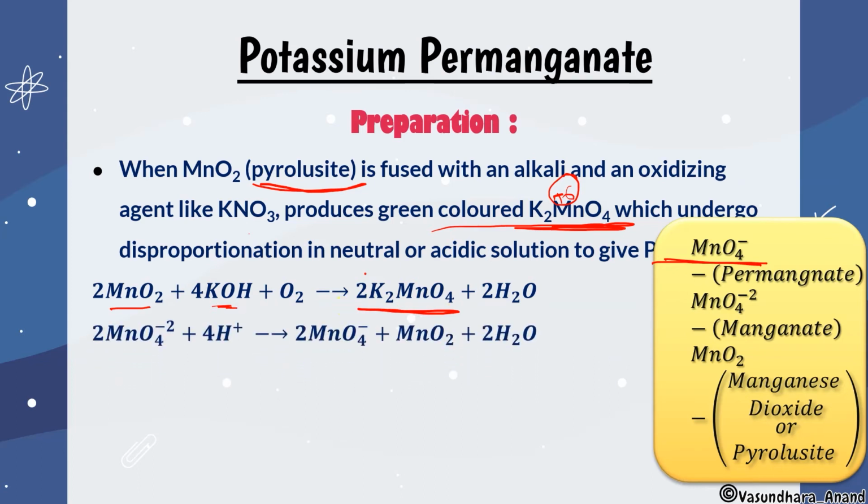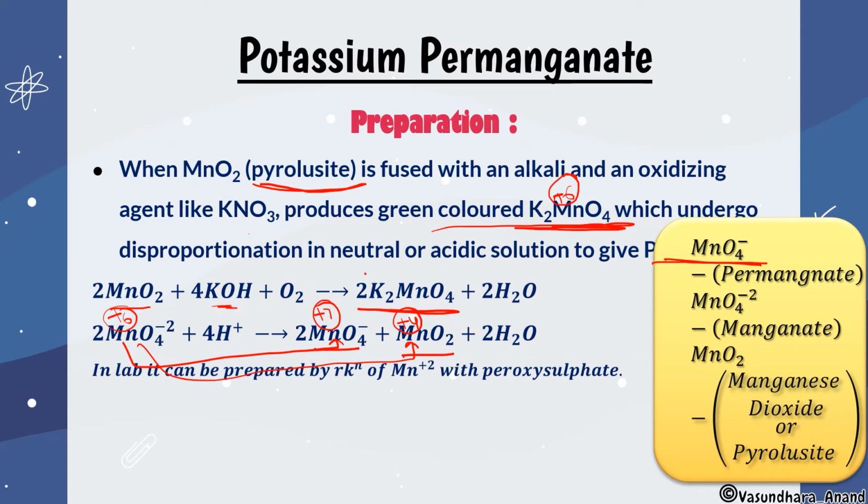Now potassium manganate in acidic medium undergoes a disproportionation reaction to give permanganate as well as manganese dioxide. Here the oxidation state is +4, here it is +7, and here it is +6. So we can say that in this case it is undergoing oxidation, and here it is reduction.